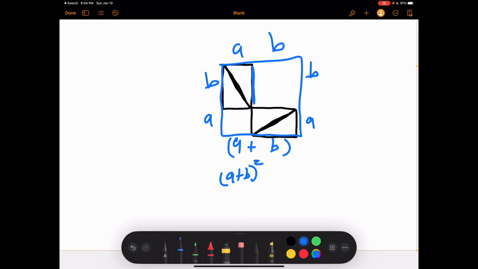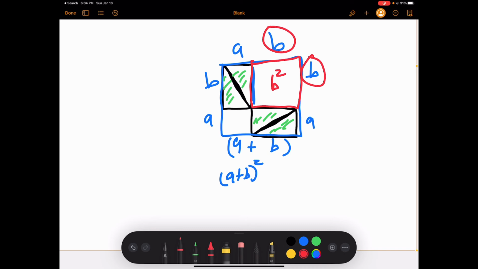But what if, once again, I just want the area of these little triangles? Let's do that in green. I want the area that's just in these triangles. Well, in order to find that area, I need to figure out the area of the empty space. So let's start with the square in red. We see pretty quickly that this side length is B, this side length is B, so the area of this one is going to be B squared.